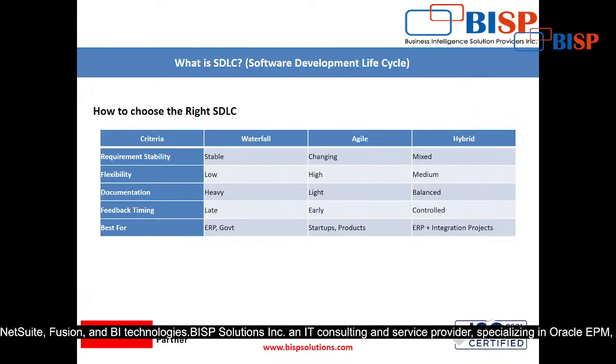Hybrid is controlled, and waterfall is best for ERP projects and government projects, because whatever requirement is taken should be launched immediately. The agile model is good for startup products.